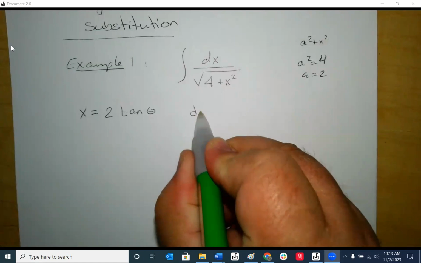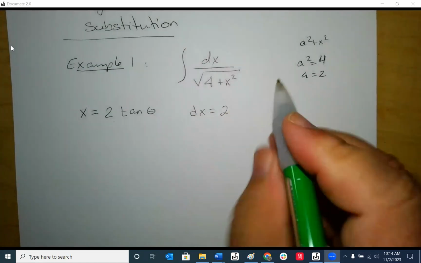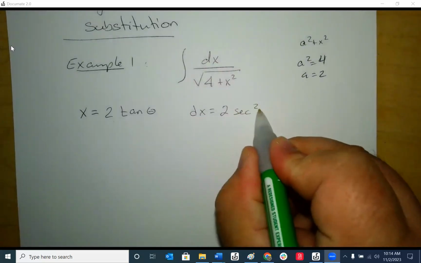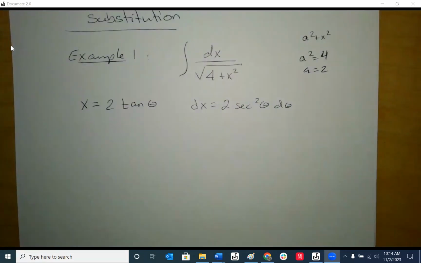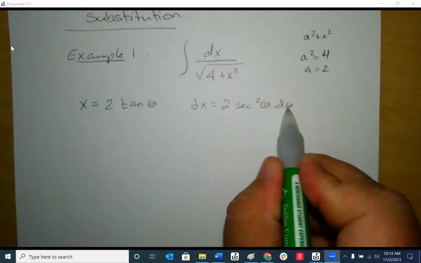The differential of that, dx, leave the 2 alone. The derivative of tangent from your cheat sheet is secant squared d theta.